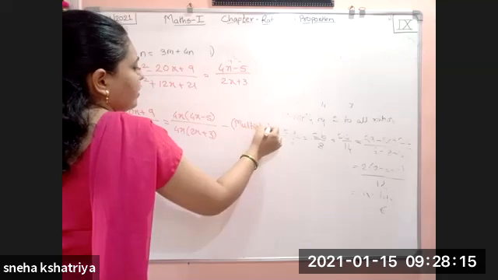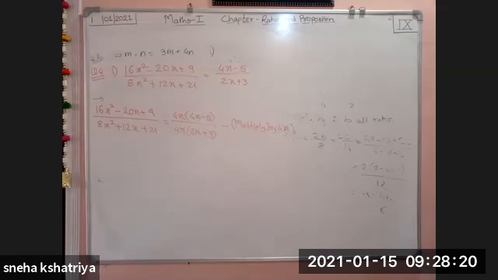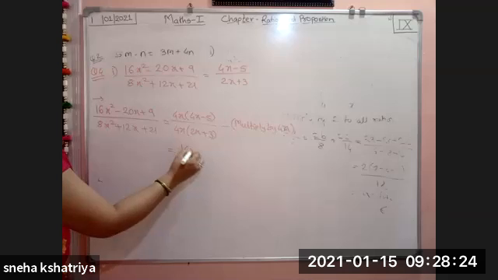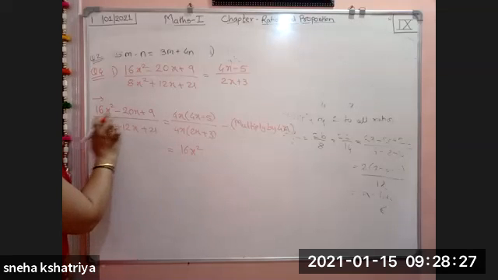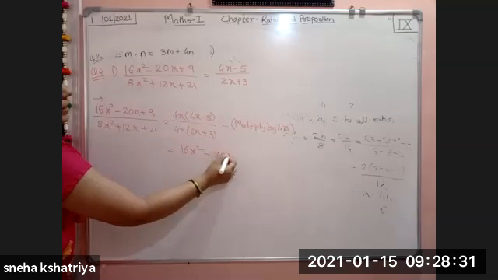On the right hand side, we have written multiply by 4x. What will we get? 4 into 4, 16x square, 4x into 4x, 16x square, minus 4x into 5, 20x.